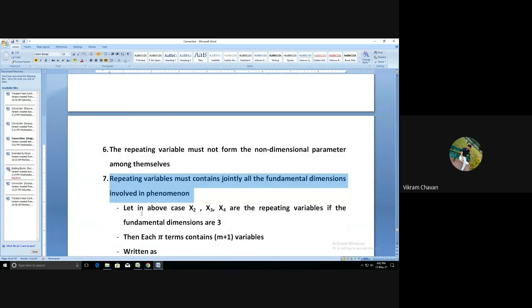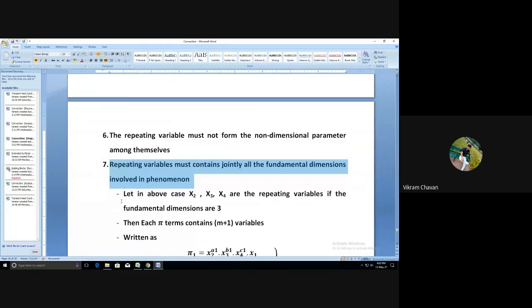Okay, so out of the above n number of variables, you come to know that there are 3 repeating variables. Let in the above case x2, x3, x4 be the repeating variables, and the fundamental dimensions are 3.